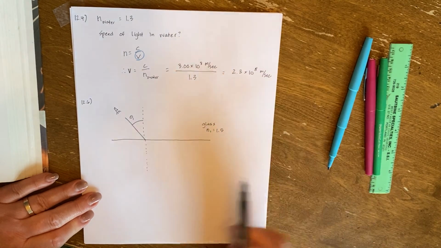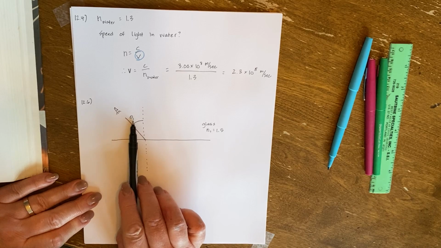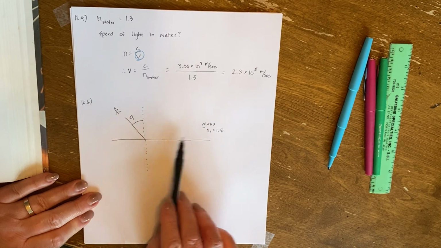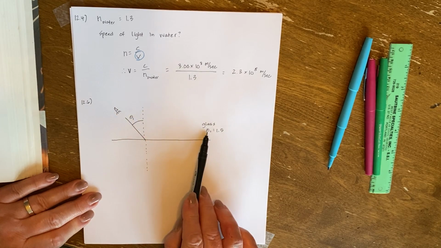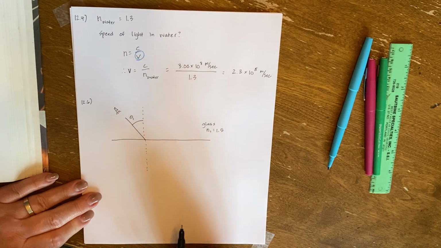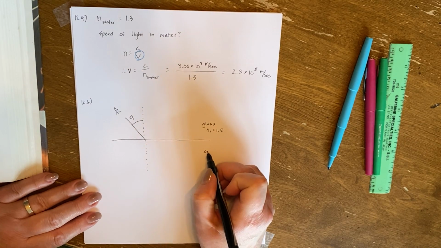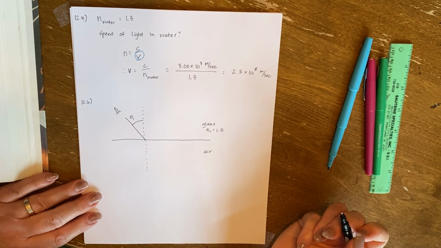Okay, so again, if you remember from last week, I want to keep all my ones above the line. So here's my theta 1, and I'm calling this N1. Okay, and then it encounters air. Okay, so it's coming from glass, it encounters air.